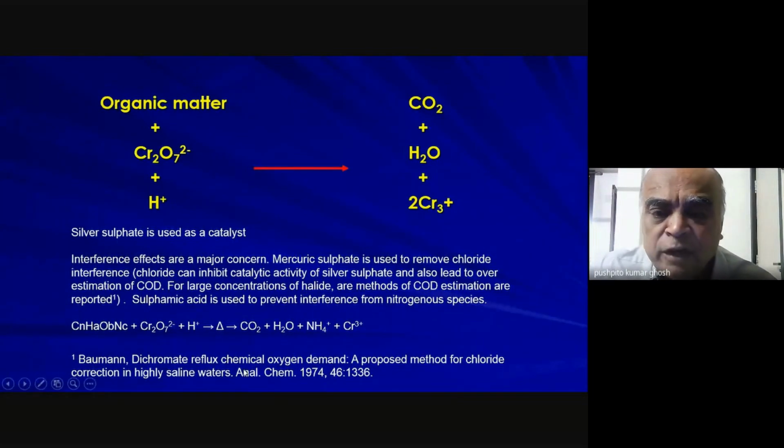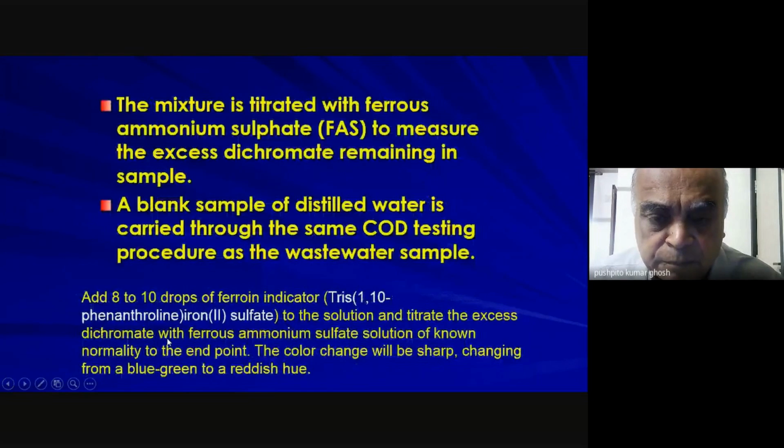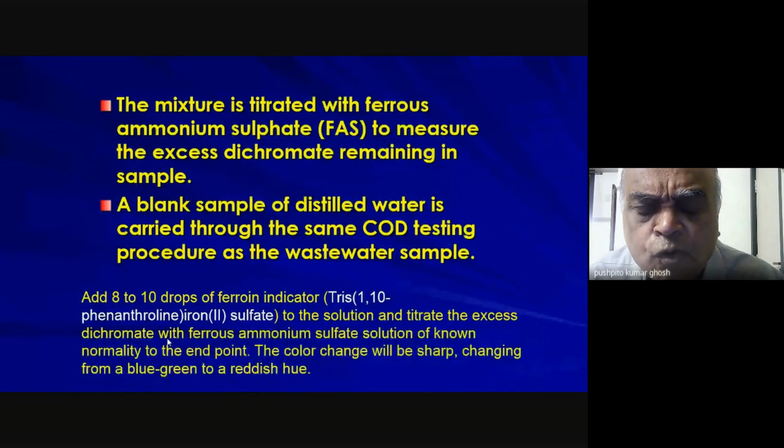So if you are discharging something into the marine environment with a lot of chloride, and you need to measure COD, and you don't know about the effects of chloride, you will be underestimating, and these pollution control board people themselves will not know all these details. So it's for you really to be very knowledgeable and to point out all the pitfalls in the measurement. Here, what will you do? Just like in the previous case, obviously I have refluxed it for 2 hours.